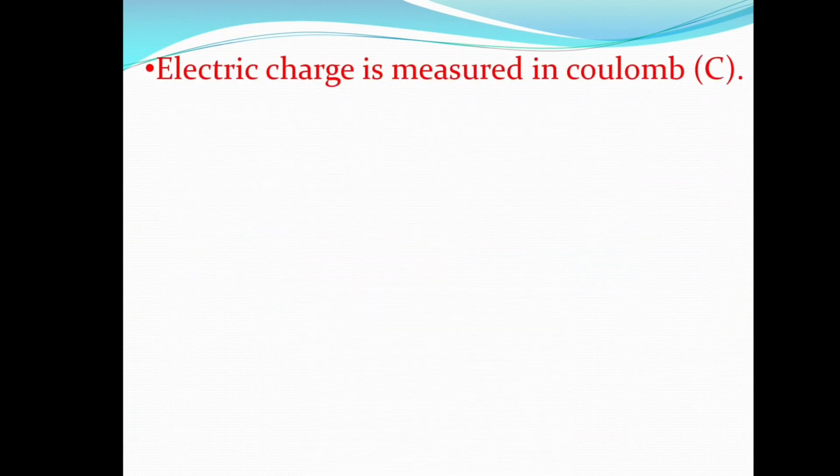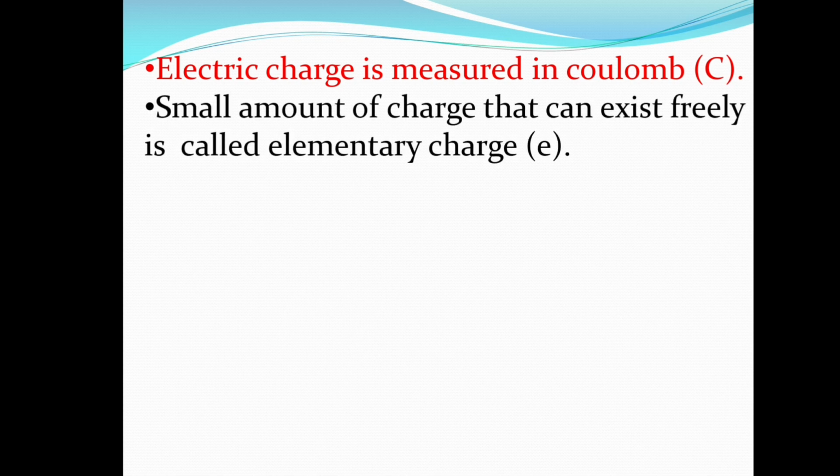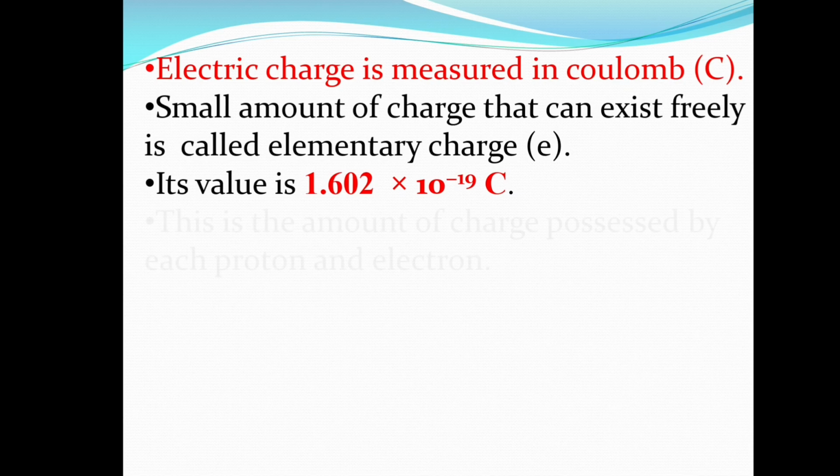Electric charge is measured in coulomb. The symbol of coulomb is C. The smallest amount of charge that can exist freely is called the elementary charge. Its value is e equal to 1.602 into 10 to the power minus 19 coulomb.